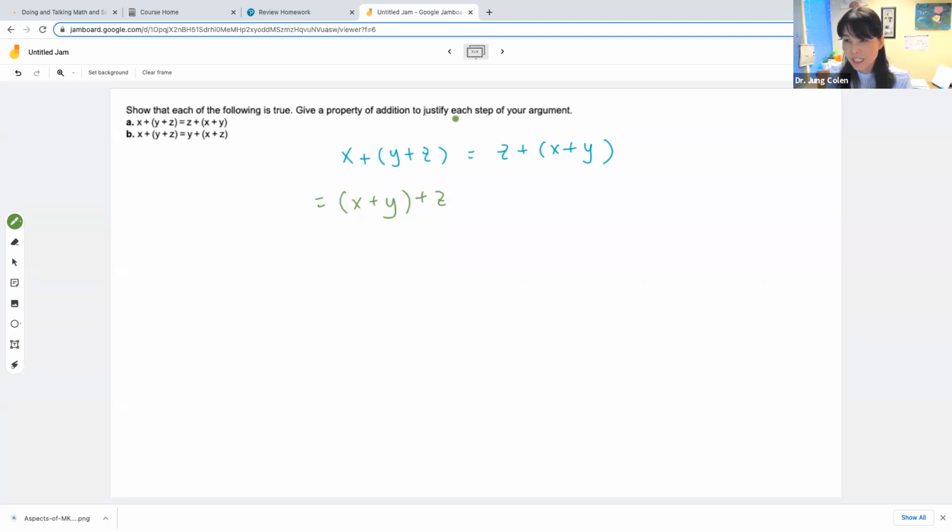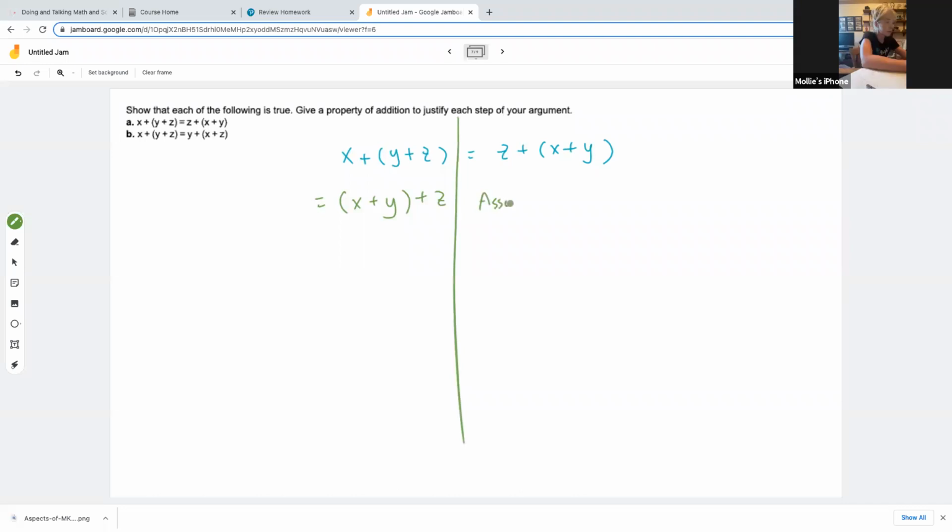I'm not looking at the right-hand side yet, but I need to go to that side eventually. So what did I do here? I didn't change the order, still the same order, x, y, z. But how I associate has been changed, right? So it is the associative property of addition.